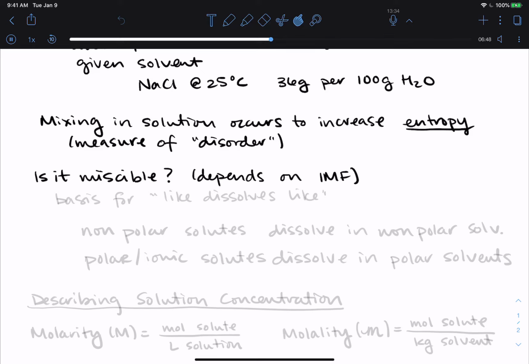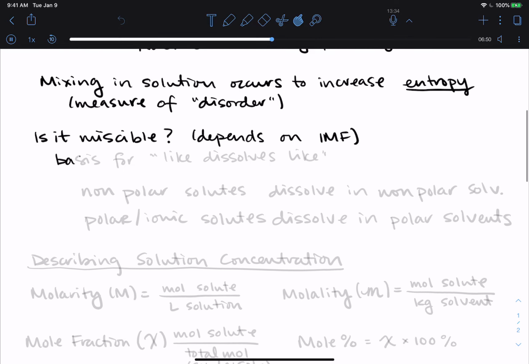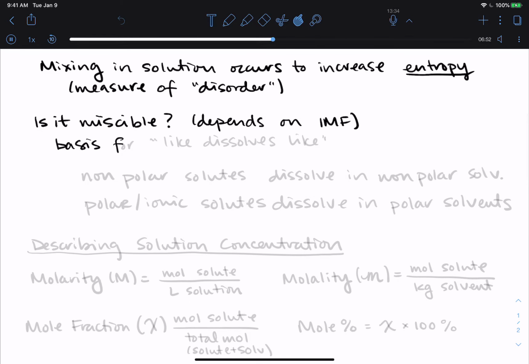This is the basis for a rule that you might have heard before, which is that like dissolves like. Which is essentially if you have a polar or an ionic solute, it will dissolve in a polar solvent. If you have a nonpolar solute, it will dissolve in a nonpolar solvent.